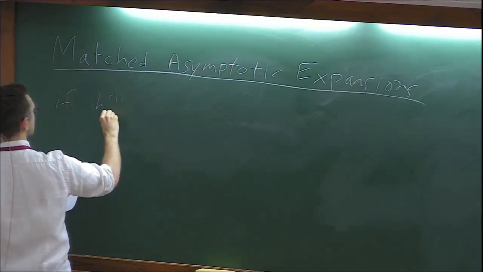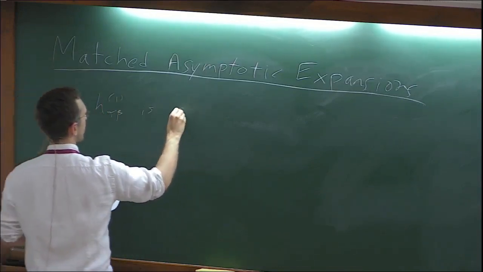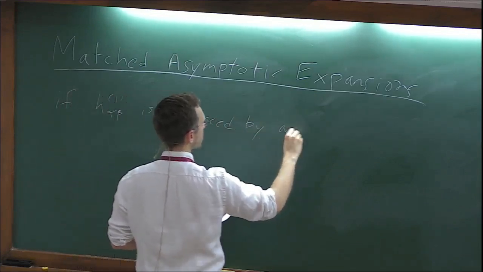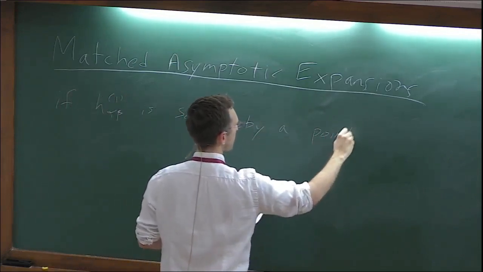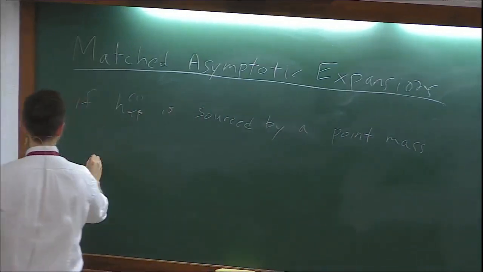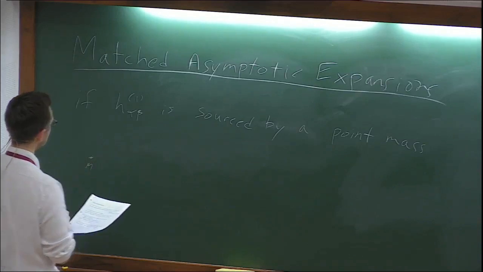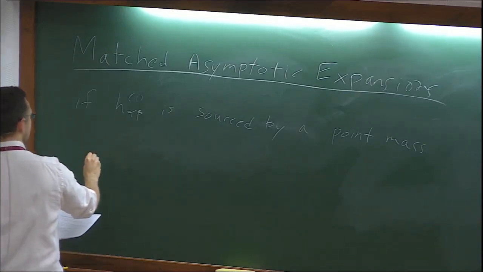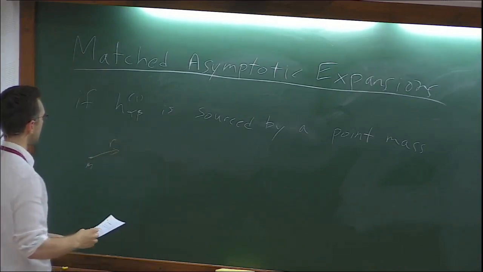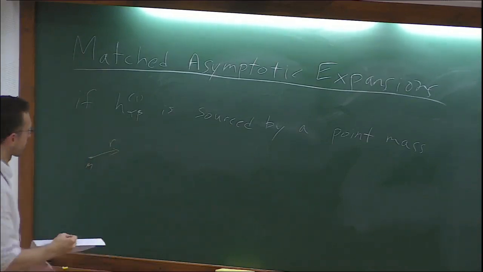So if H1 is sourced by a point particle, or a point mass, so you've got your little point mass of mass little m. You look at how the field depends on the distance r away from the particle.